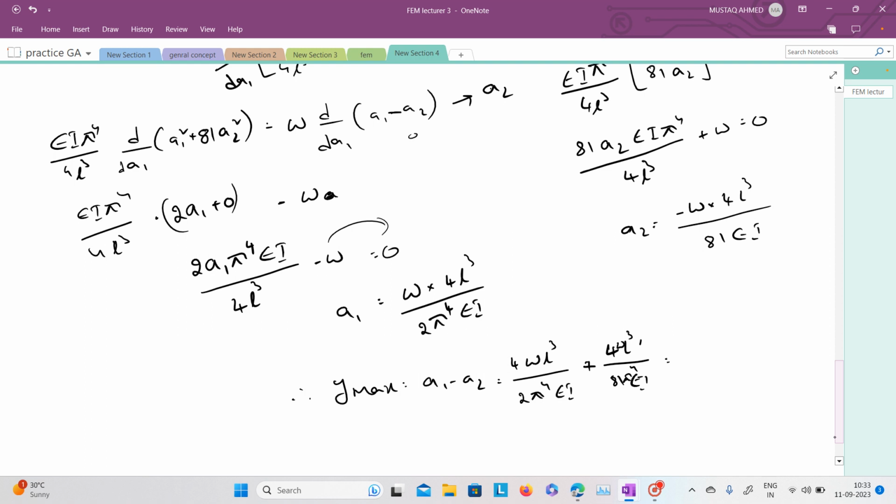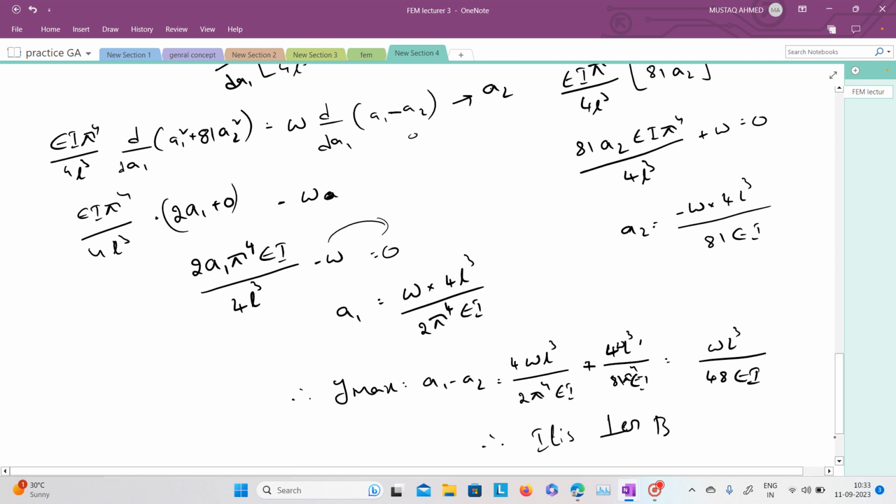After doing the whole sum, it will be WL cube by 48 EI. Therefore, this is for the perpendicular beam.